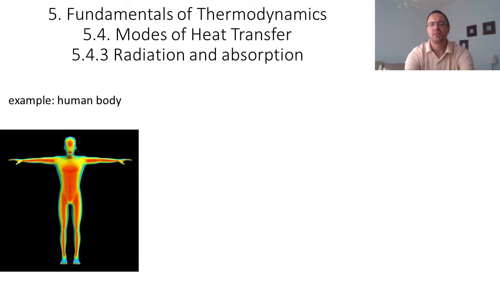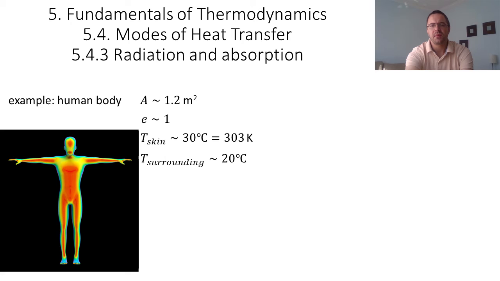Now let's do an example with the net radiation of the human body. The surface area of a human is about 1.2 square meters, and skin is a good absorber, so its emissivity is around 1. The temperature of skin of our body is around 30 degrees Celsius, so 303 Kelvin. And a typical room temperature for the surrounding is about 20 degrees Celsius, so 293 Kelvin.